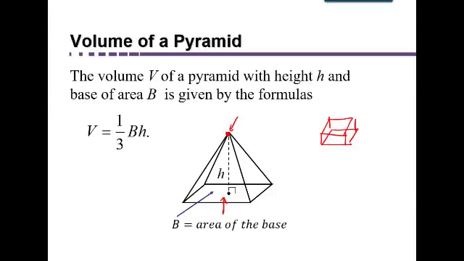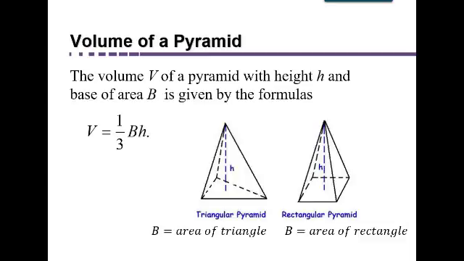For a prism, remember, the area of the base times the height gave us the volume of the prism. It turns out that when you find the volume of any pyramid, it's just going to be 1/3 that amount. So let's use this idea.